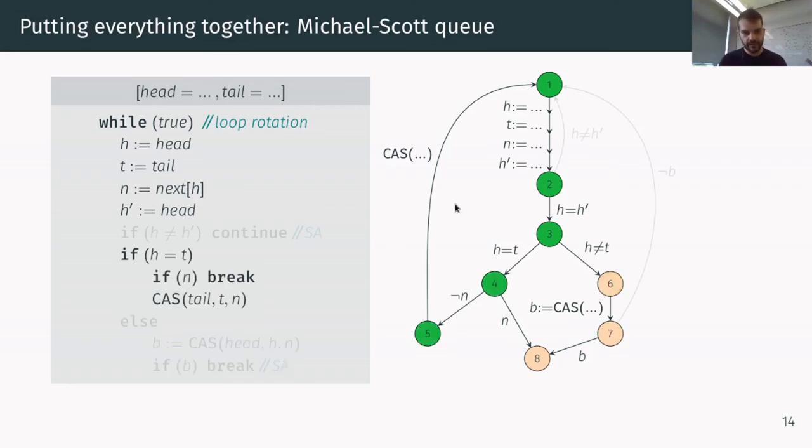And finally, for this third path here, we have, again, a series of reads, some assume statements, and then we have a cast that is executed unconditionally when we go back to the header. So we can definitely not do this spin assume transformation. We have to keep this back edge. But what we can do is dynamic spin assume.